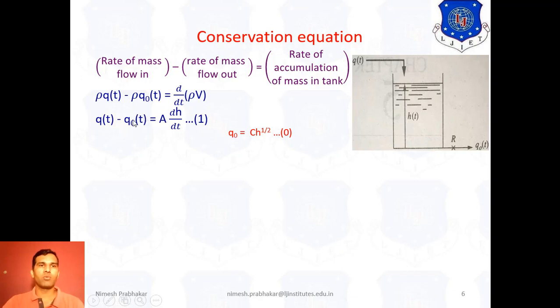We put Q0 equal to C into H raised to 1/2. So we can write equation number 1 as Q minus C H raised to 1/2 is equal to A dH/dt. Now, a non-linear term is present here, so we cannot proceed to the Laplace transform, because for the Laplace transform no non-linear term must be present in the equation.